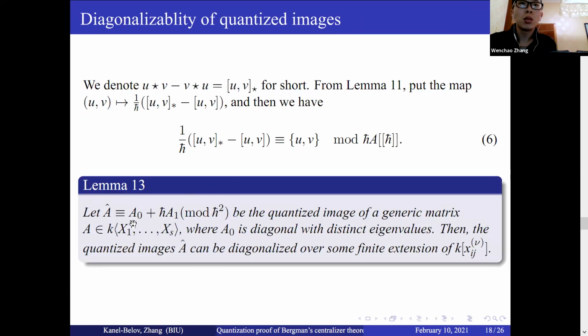So suppose we have this form. A hat is equivalent to A0 plus some h bar A1, and here A0 is already diagonal. Since A is diagonalizable for the generic matrix, we can just cancel out this A1, which means that A hat can also be diagonalizable.